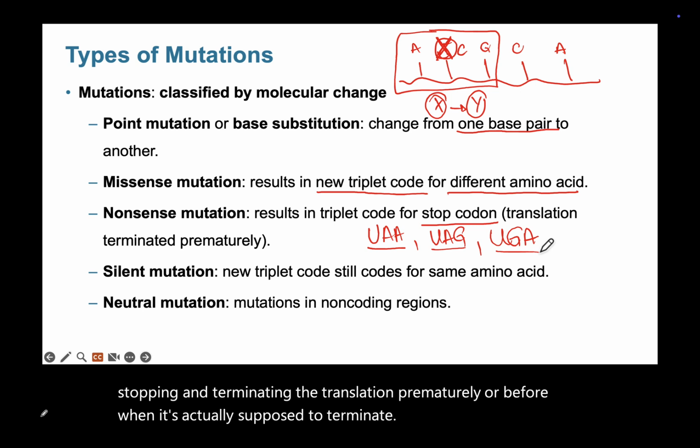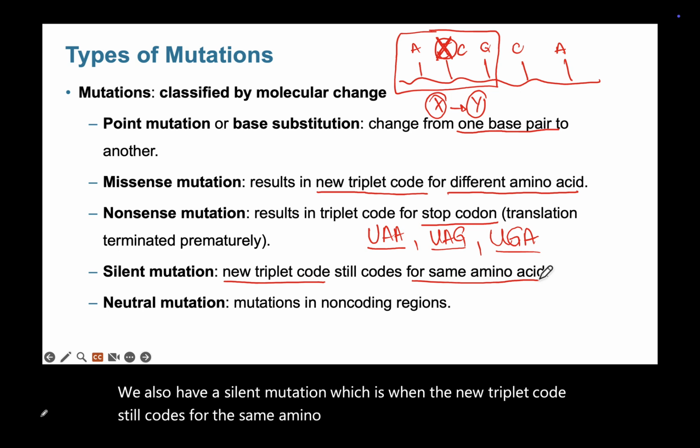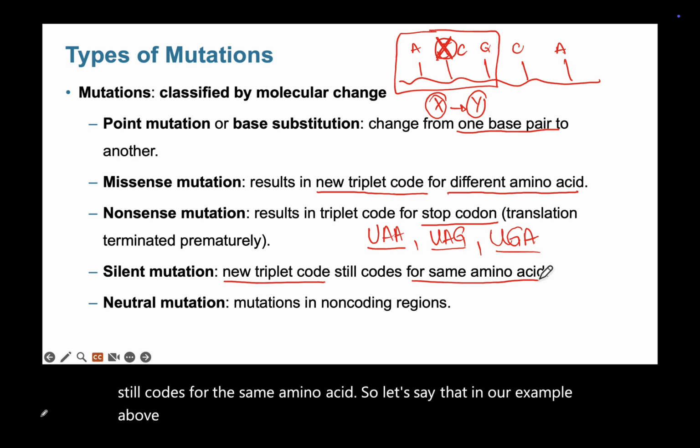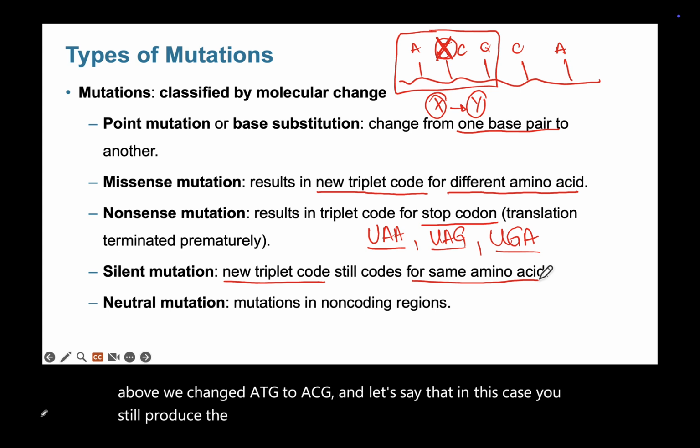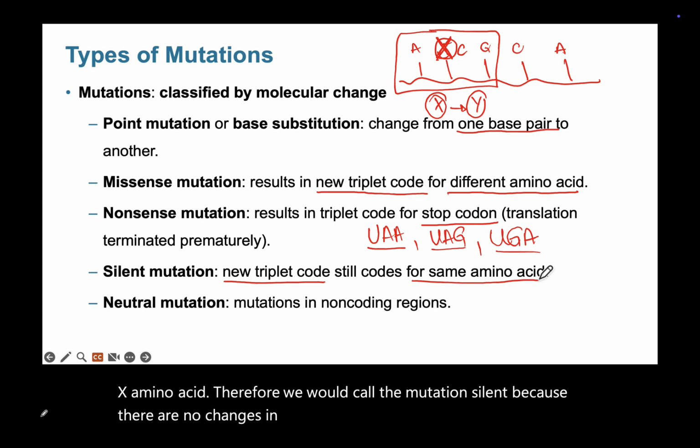We also have a silent mutation, which is when the new triplet code still codes for the same amino acid. So let's say that in our example above, we changed ATG to ACG. And let's say that in this case, you still produce the same X amino acid. Therefore, we would call that mutation silent because there are no changes in the amino acid sequence.